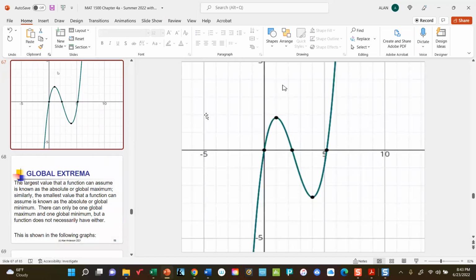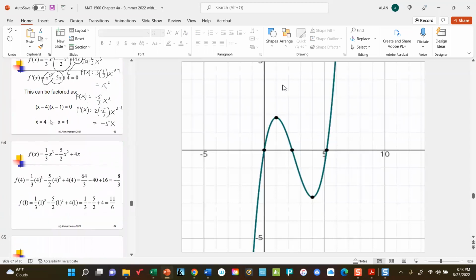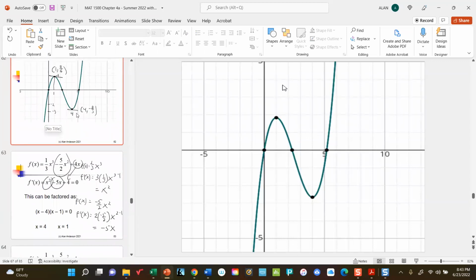Okay, so you can see very clearly that when x is 1, we've reached a relative maximum, or local maximum. And when x is 4, we've reached a local or relative minimum. But if we didn't have the graph, we would not be able to tell which is which unless we apply the second derivative test, which we'll get to probably later in this chapter.